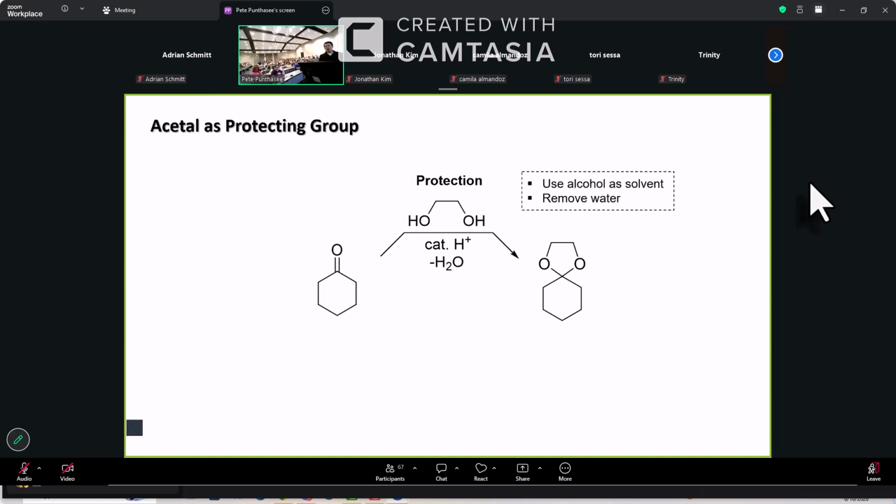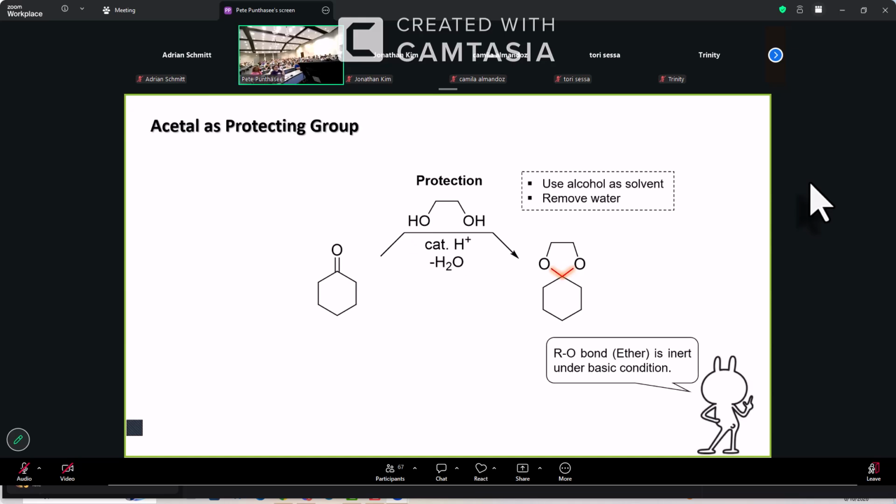Okay, look what happened. Once you add ethylene glycol to aldehyde or ketone, we're making an ether bond. And ether is quite inert, which means it doesn't do a lot of reaction. So the ether bond is inert or stable under basic condition.